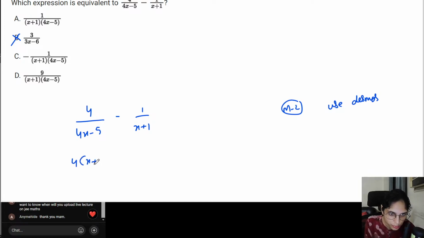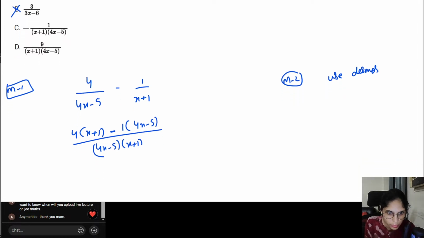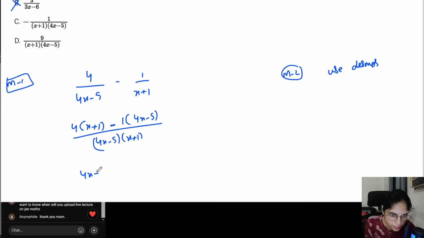Or you multiply x plus 1 here, you multiply 4x minus 5 over here. Always write in parentheses whenever there's a subtraction sign, even when there's a plus, write it like this. So this is 4x plus 4, this is minus 4x plus 5.